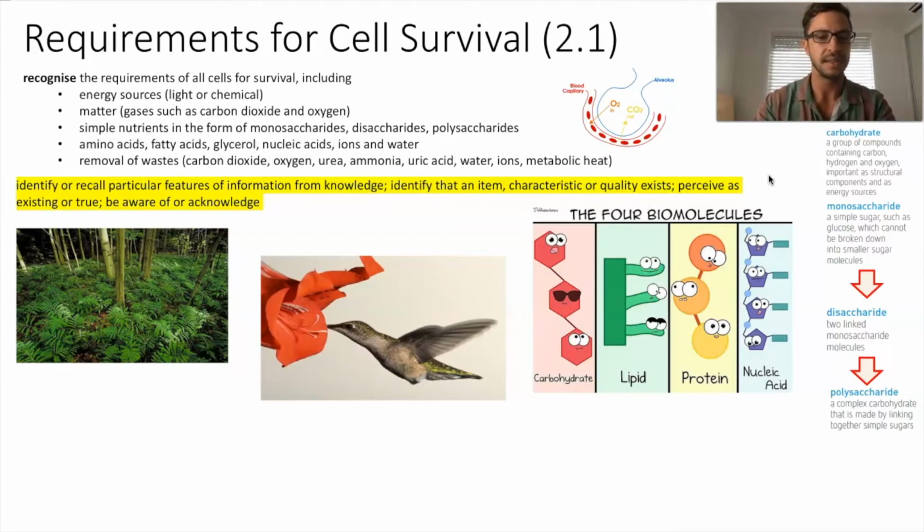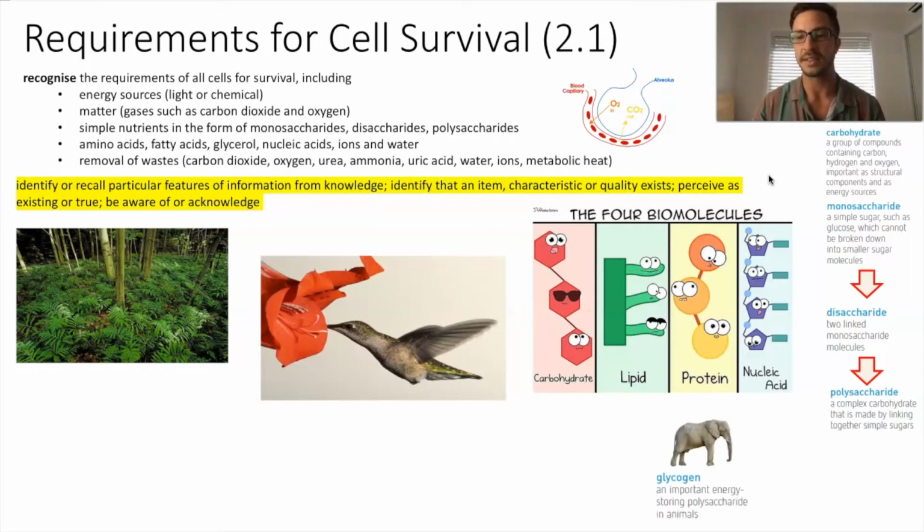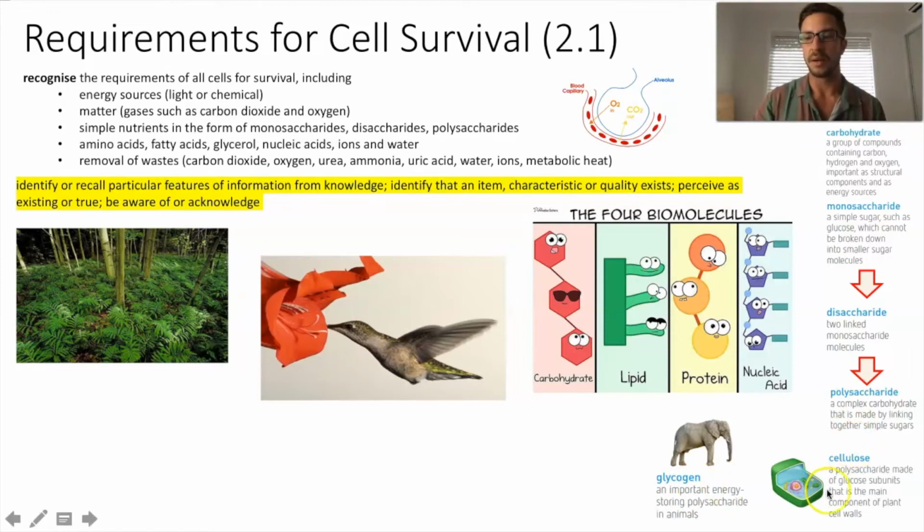As well as this, nutrients that we require are glucose, starch, and cellulose. So glucose, when we obtain it from our diet, if it's not used immediately, it's stored in the body of mammals, of animals, of us as glycogen. So we require glucose, that's converted to glycogen. But plants, they produce cellulose, and that is important because it becomes a component of plant cell walls.